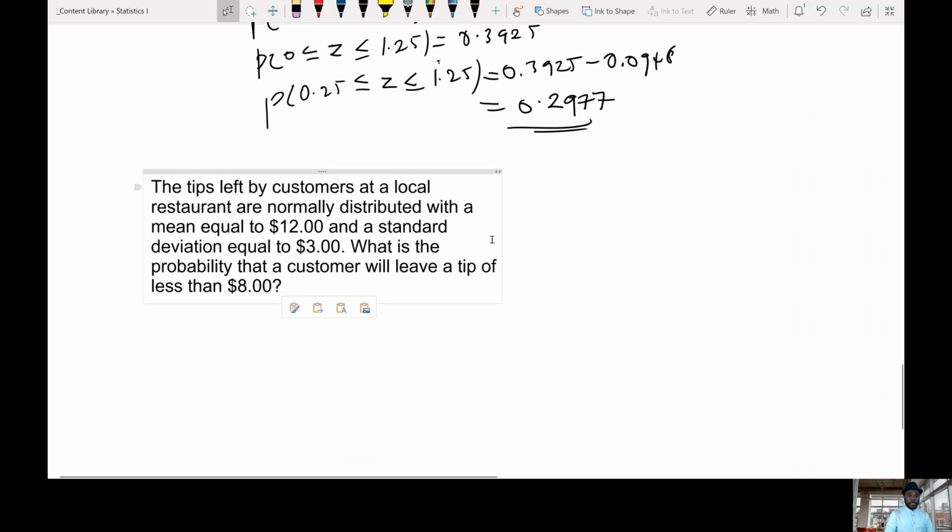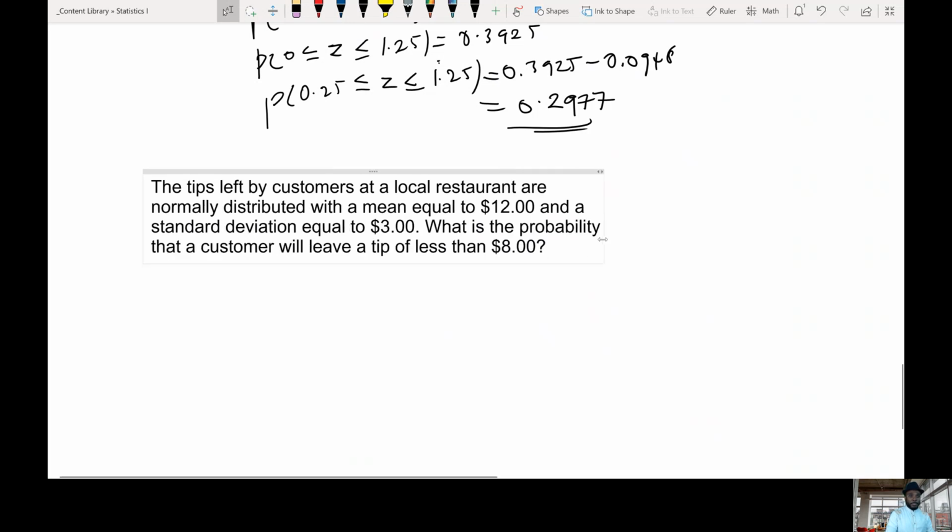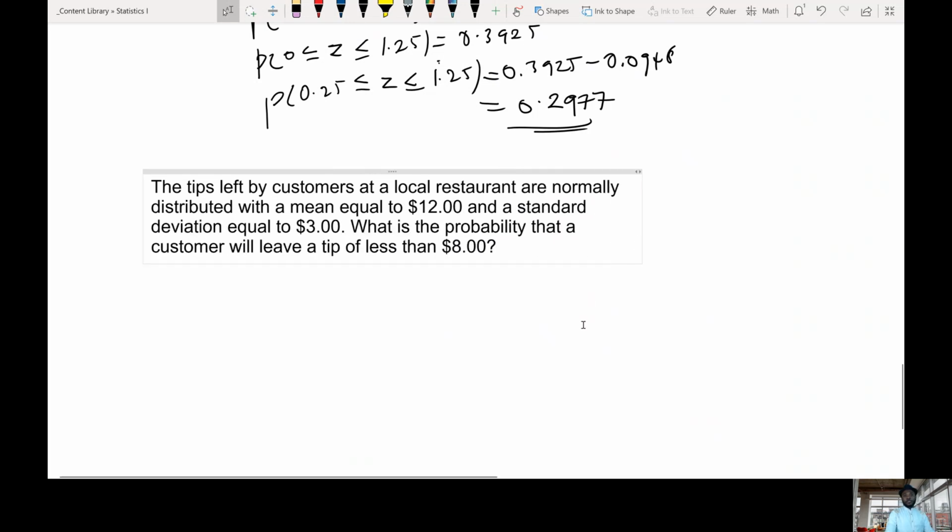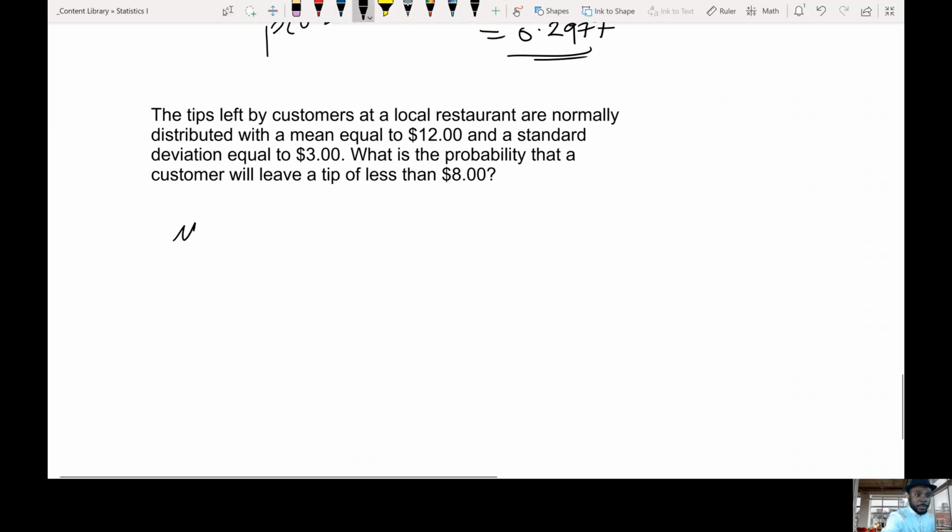So in this question, let's say the tips left by customers at a local restaurant are normally distributed with a mean of $12. So the mean mu is equal to 12 and a standard deviation of $3. As you can see, the units of the mean and the standard deviation are the same.